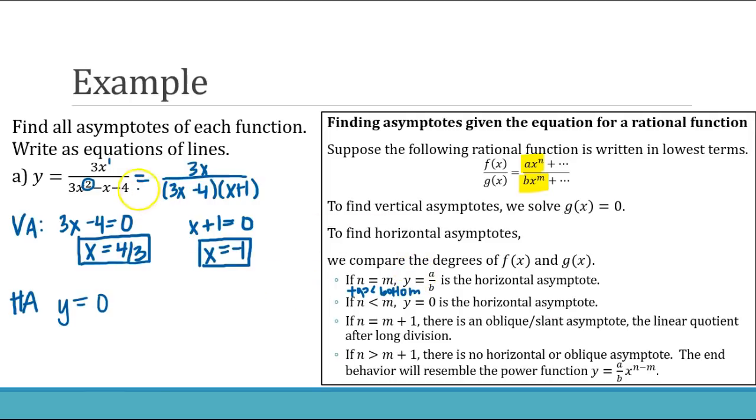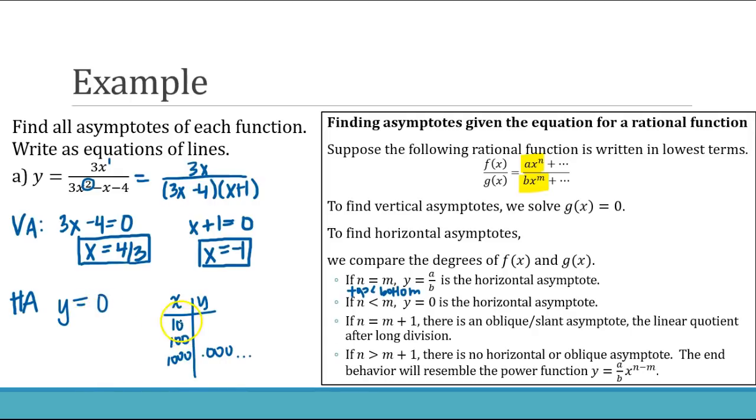So what's happening here is if we were to plug in values, so we're not actually being asked to do this, but if we were to plug in bigger and bigger values into our function, like how we plugged in 10 and then plugged in 100 and 1,000 and 1,000,000 in that previous example, what's going to happen is that our y values are going to get really small. So they're going to end up being numbers like 0.000 something.